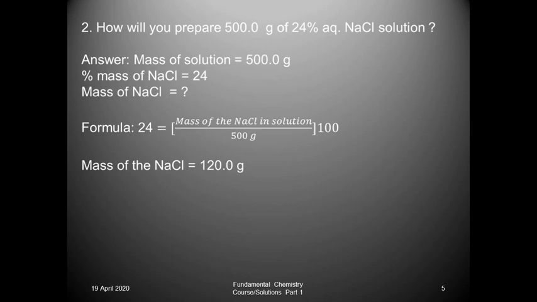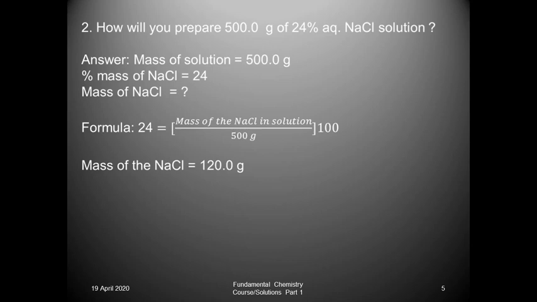So the formula is what? 24, the mass percentage of component, equals the mass of NaCl in the solution, which you don't know and are supposed to find out, divided by 500 gram, into 100. You just do the cross multiplication and take the 100 on that side, or you can cut zeros on this side. That simple mathematics you can do. The 5 and gram sign will go there and will multiply, and finally you have 120 gram.